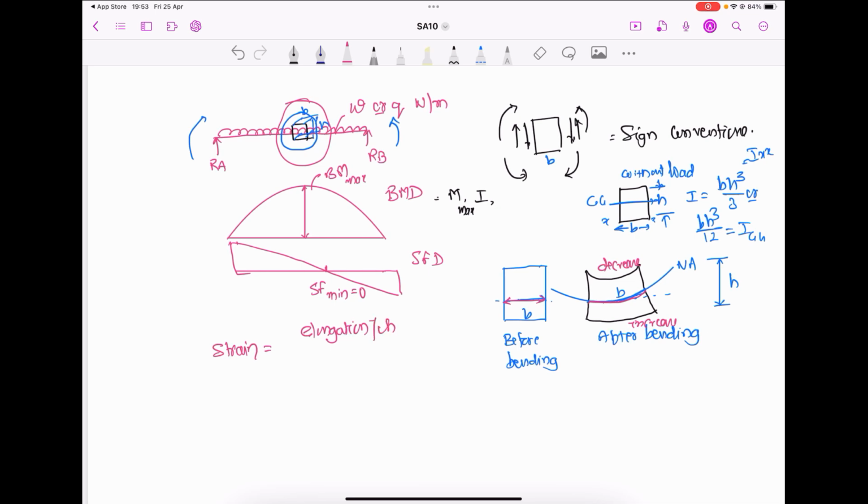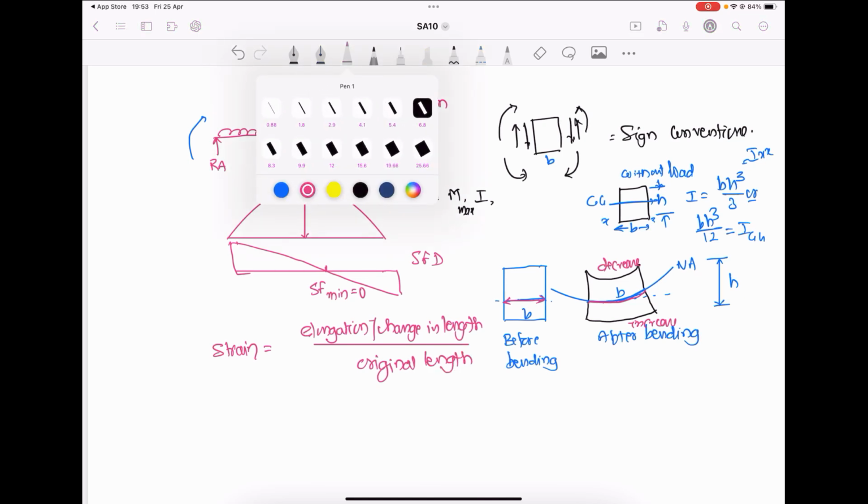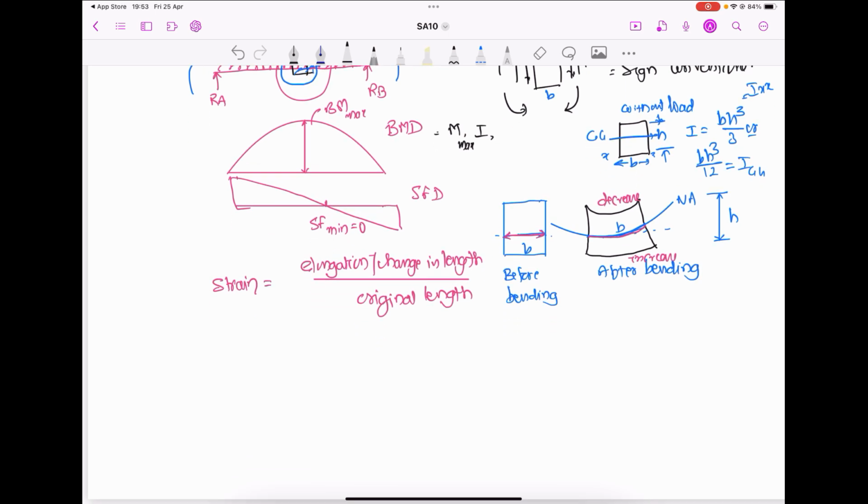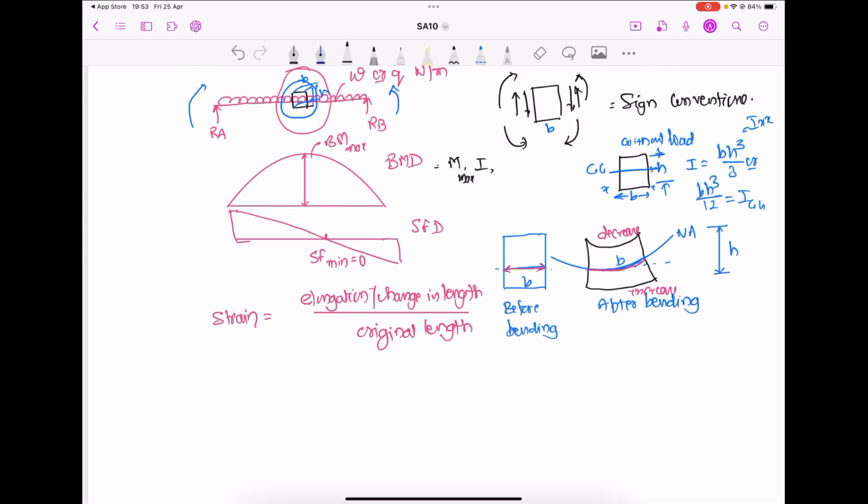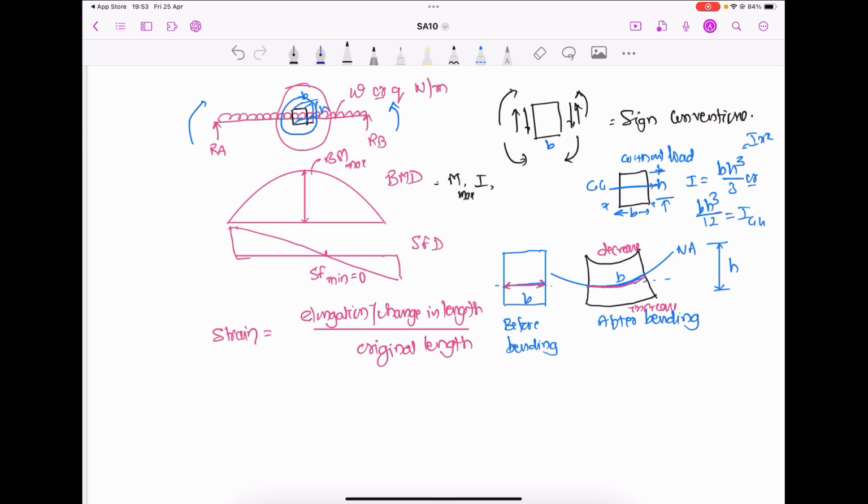Elongation or change in length divided by original length, that is the strain. Now let us see, elongation in the portion, let us say the neutral axis.